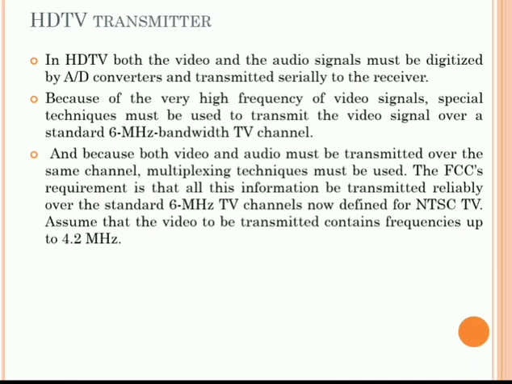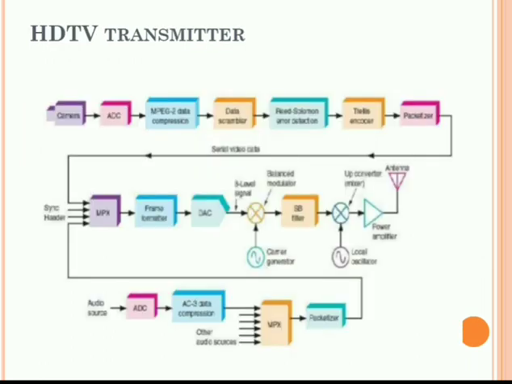Okay, getting the idea about the transmission of HDTV. Now let's see the exact block diagram of the HDTV transmitter. This figure shows the block diagram of the HDTV transmitter, which consists of a camera at the start, then AC MPEG data compression technique, then a data scrambler, Reed-Solomon error detection, after that an encoder, packetizer, then a multiplexer, a frame formatter, and a D to A converter.